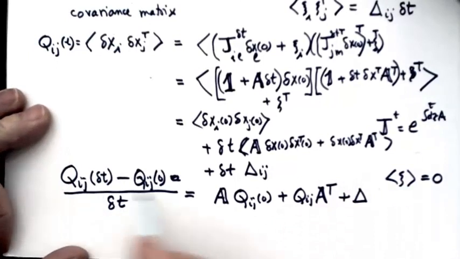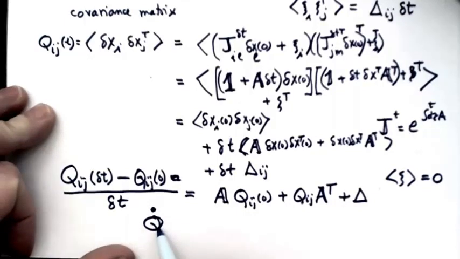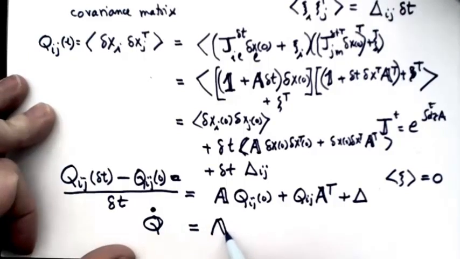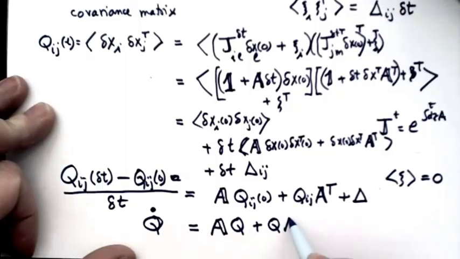So this is obviously a time derivative, so we get an equation that says the covariance matrix changes in time as something with the local shearing due to velocity gradients acting from the left, and that's now in the limit delta tau to 0, this is the same time, plus Q A transpose plus delta.